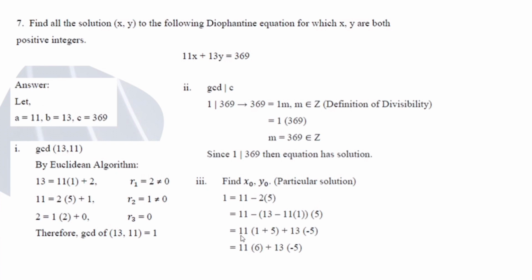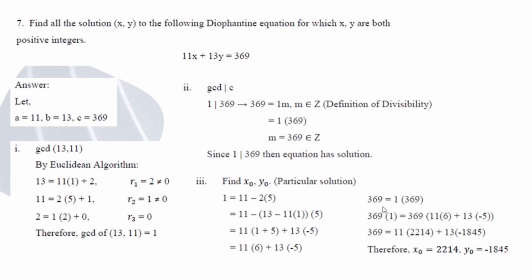Next is 11 times (1 plus 5), which is 6, plus 13 times negative 5, where we still get 1. And for the final step, we calculate 11 times 6 and 13 times negative 5. It gives the same solution as 1, and these steps are the same.